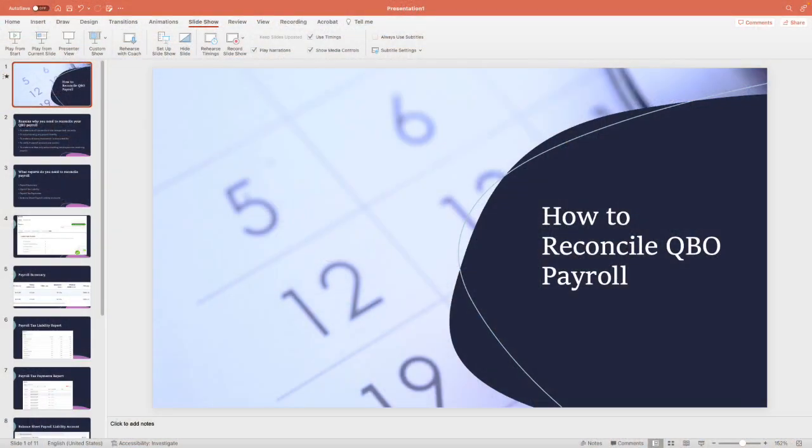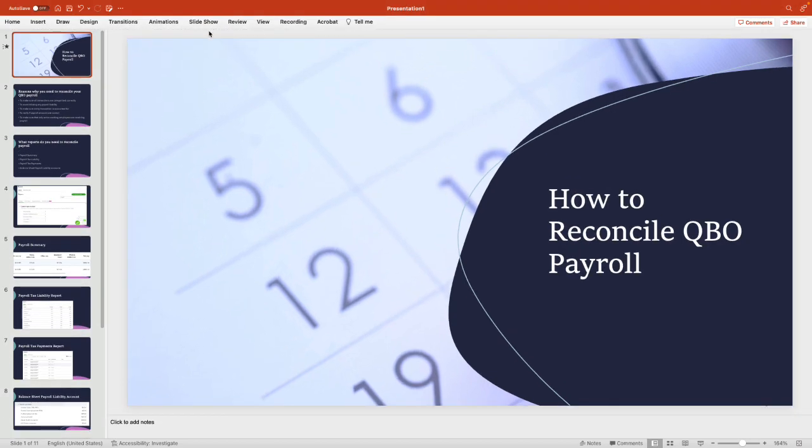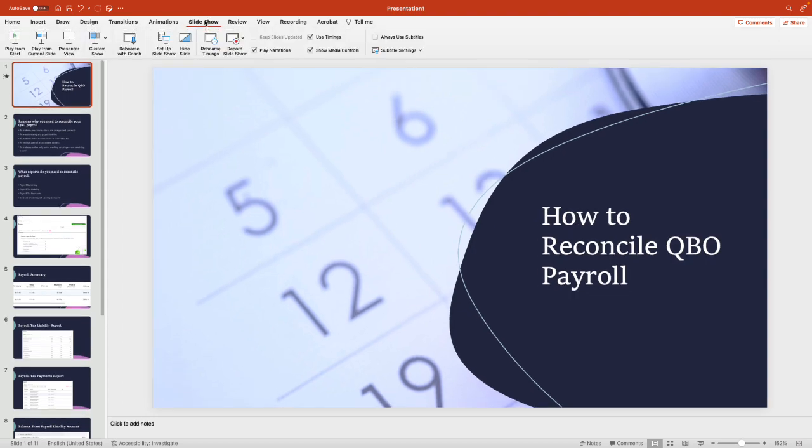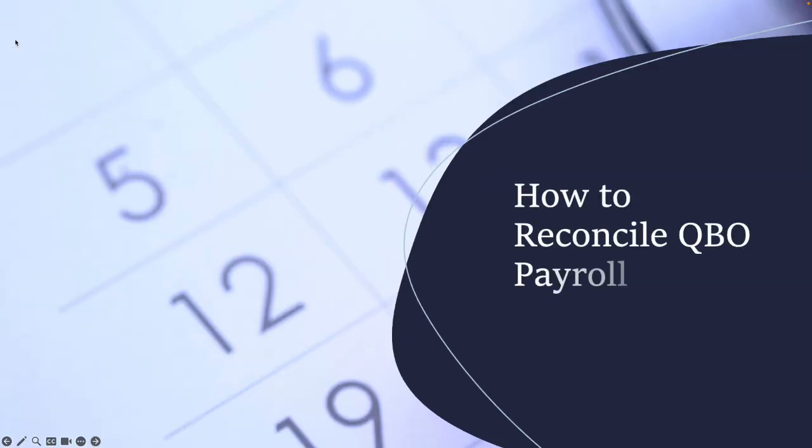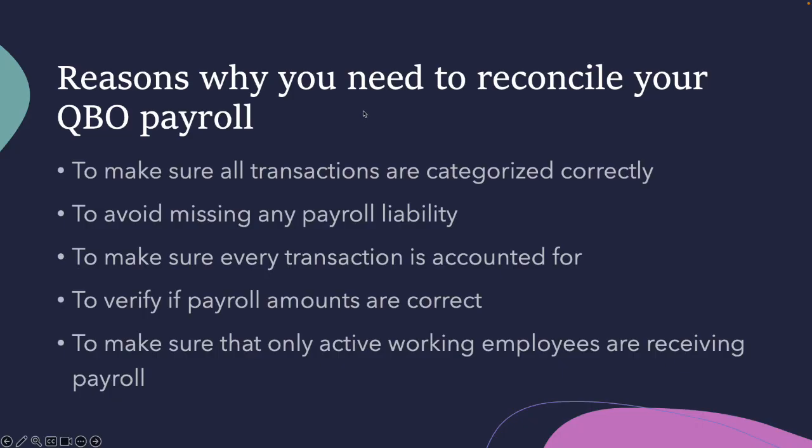All right, so here is our slide, and let me maximize this a little. Okay, there it is. How to reconcile your QuickBooks payroll, and the reason why you need to reconcile your QuickBooks payroll. Some of them, not all, is to make sure all transactions are categorized correctly.